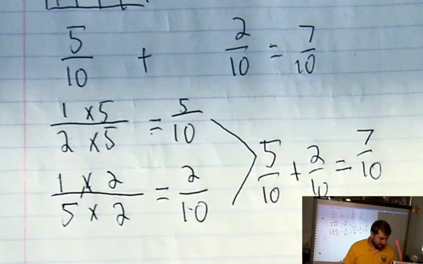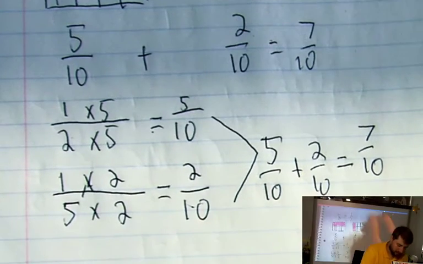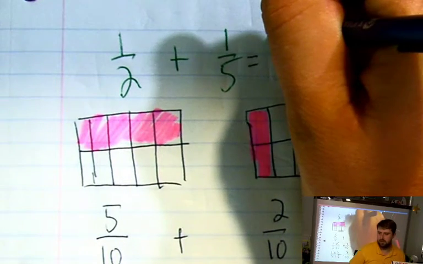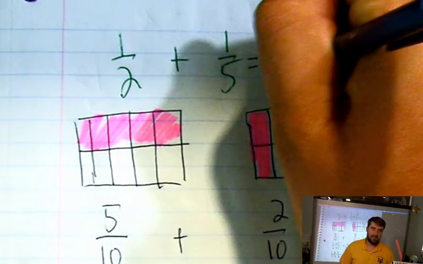So now the only thing we're going to do last is put our answer up at the top. 1/2 plus 1/5 equals 7/10.